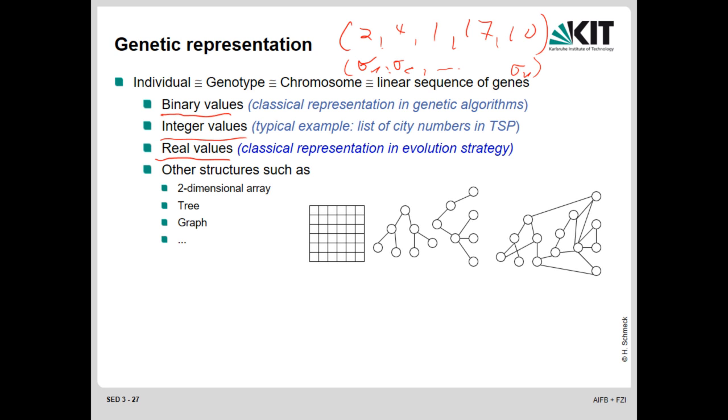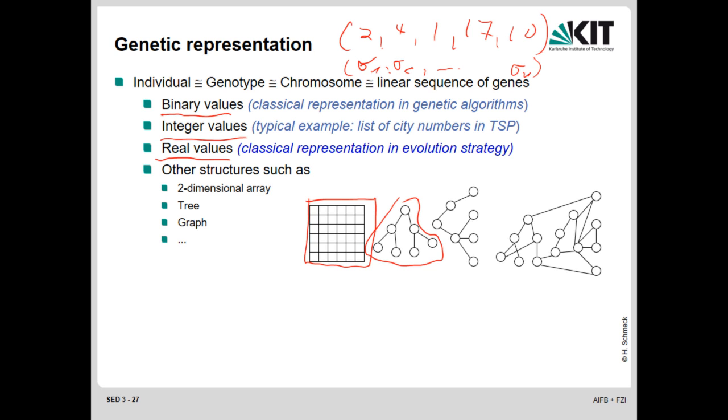Then the question is, do I need a string of elements? Or maybe I have a problem where it is more reasonable to have a two-dimensional array to represent my solution. Or maybe my solution has a tree structure.